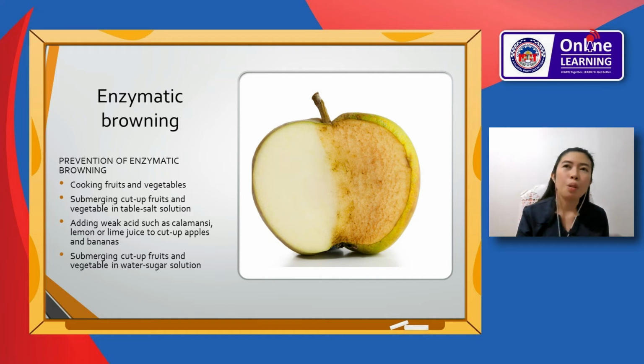Okay, so common examples of enzymatic browning are the eggplant, banana, and apples, right? Once you cut them and expose them to air for a long time, of course, they become an undesirable brown or bluish black color.